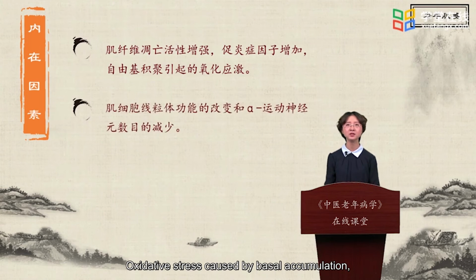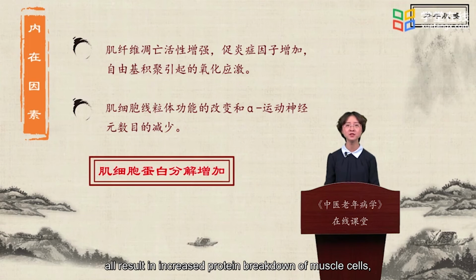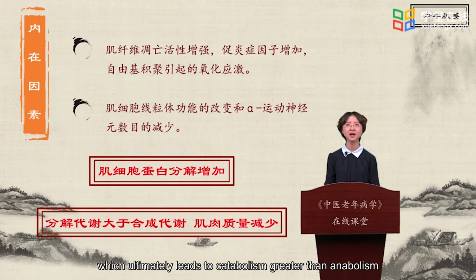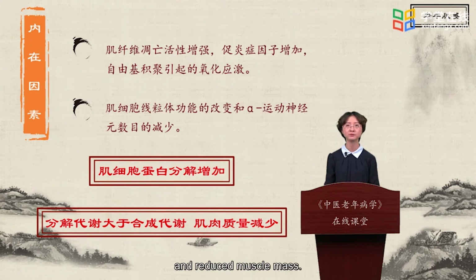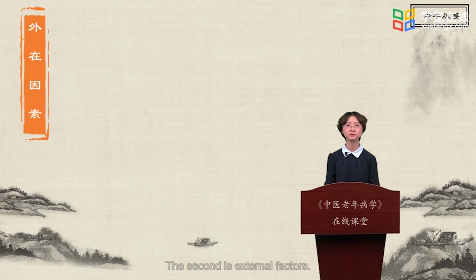Oxidative stress caused by free radical accumulation, changes in mitochondrial function of muscle cells, and a decrease in the number of alpha motor neurons all result in increased protein breakdown of muscle cells, which ultimately leads to catabolism greater than anabolism and reduced muscle mass.